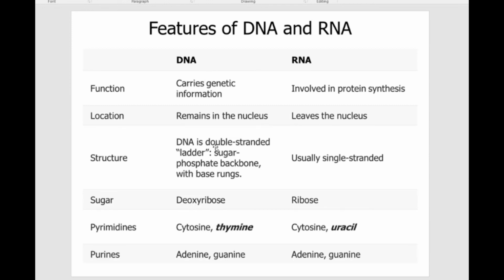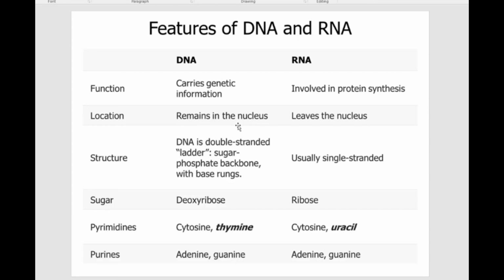Structure: DNA is double-stranded. Remember that there are two strands in DNA, but RNA molecules are usually single-stranded, just one strand. So a lot of times DNA is more stable than RNA because you have two strands. Location: DNA is located inside the nucleus. It never comes out of the nucleus.